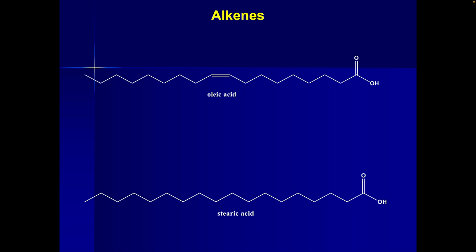So do you think I can convert oleic acid into stearic acid? You bet I can. What would I have to add across that carbon-carbon bond to do that? What did we say the difference was? Hydrogen. The only difference is hydrogen. If you ever go to the store and buy Crisco, it is hydrogenated plant oils.